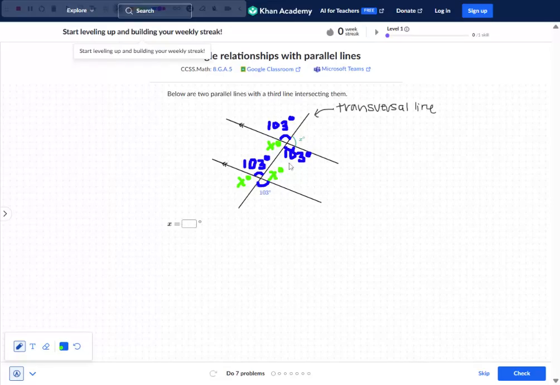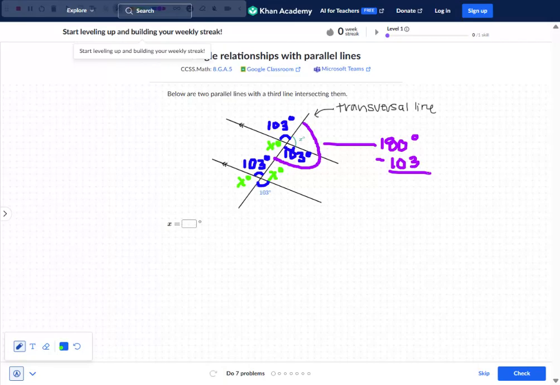X was not equal to 103, but we could figure out what it does equal because these guys are supplementary, right? So this is 180 degrees. We know this one's 103. We can just do 180 minus 103 to figure out what x is.